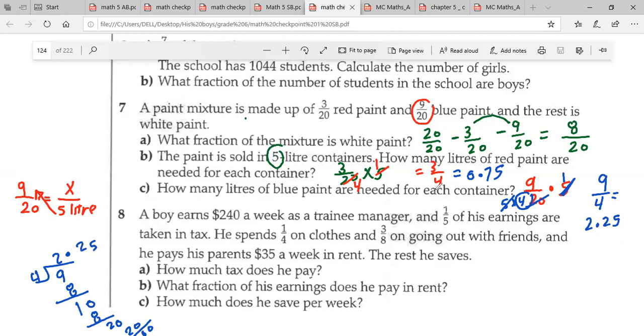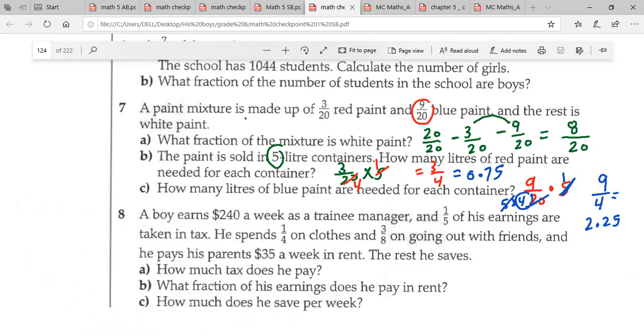But anyway, we don't need to change from decimal to fraction in C, because they didn't say they want a fraction. But if some of your colleagues use the calculator, you find that the answer is going to be 0.75, and here it is going to be 2.25, and so on.